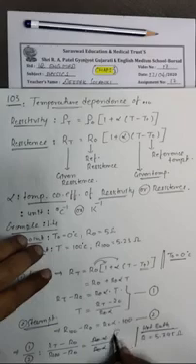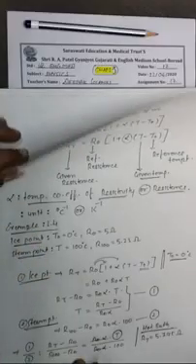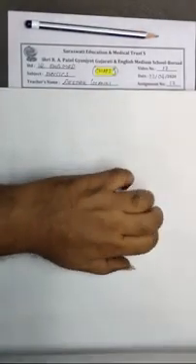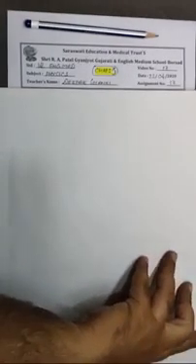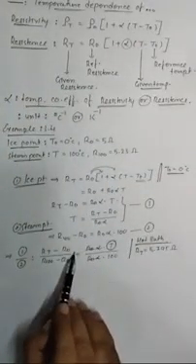Then calculate the temperature. So you have to find the temperature T, and for that the resistance is given, it is RT. So RT is already here. Now place the values. Make T the subject, 100 will go here.